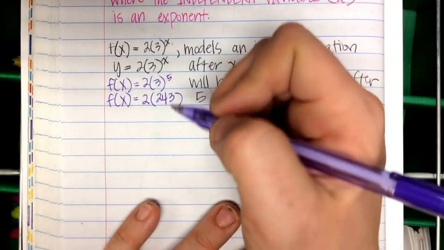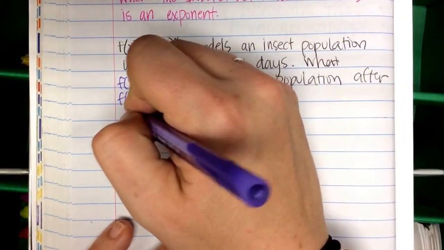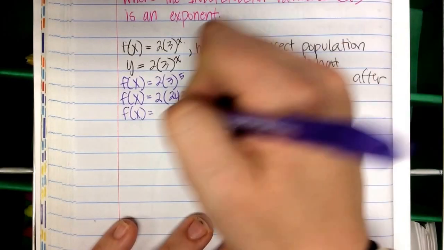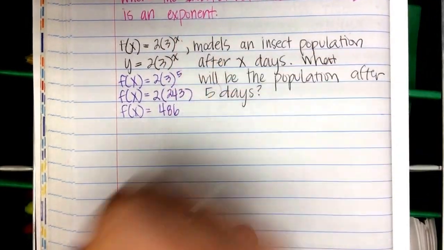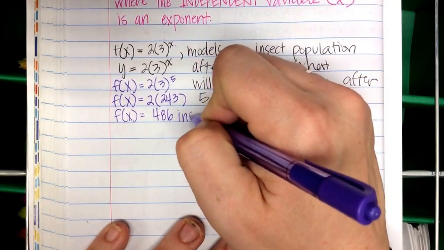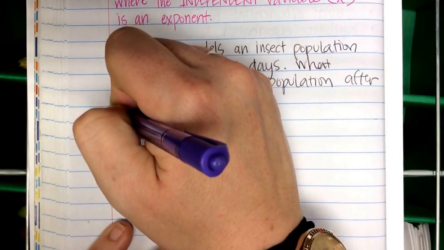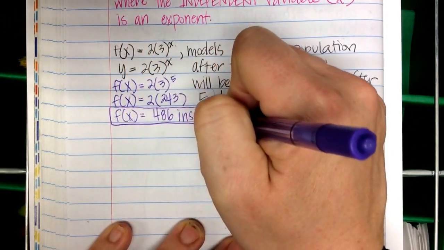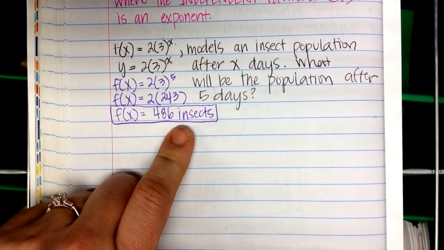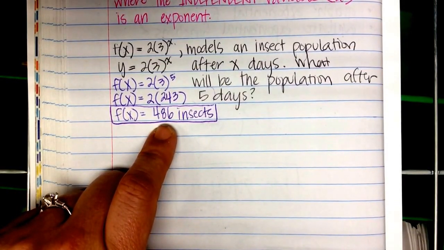So what's the insect population after 5 days? 486 what? Give me a label. Insects. So in just 5 days, the insect population would be at 486 insects.